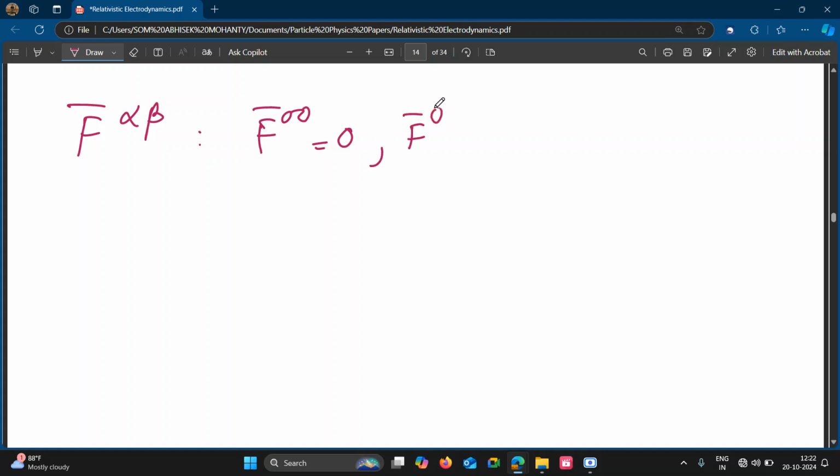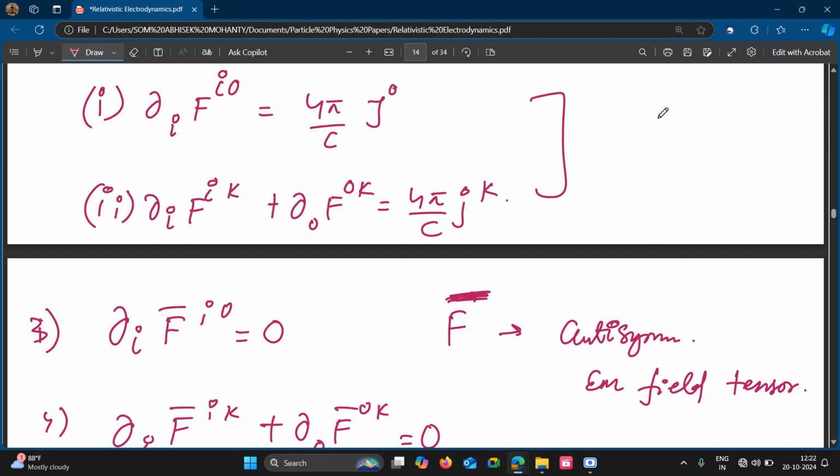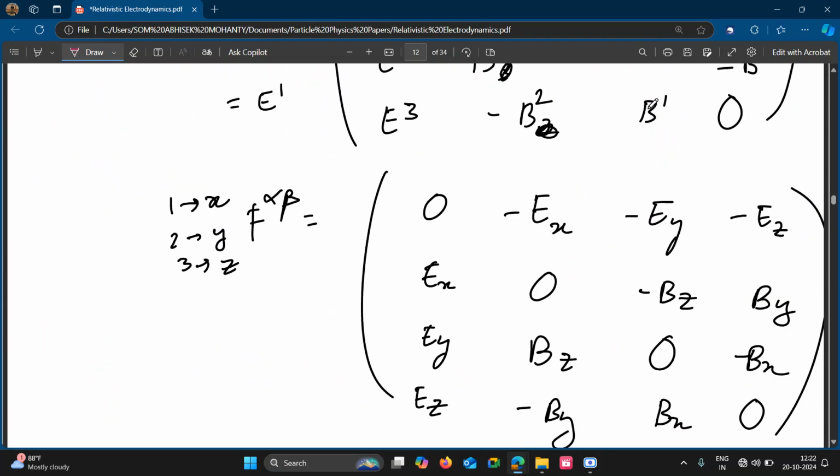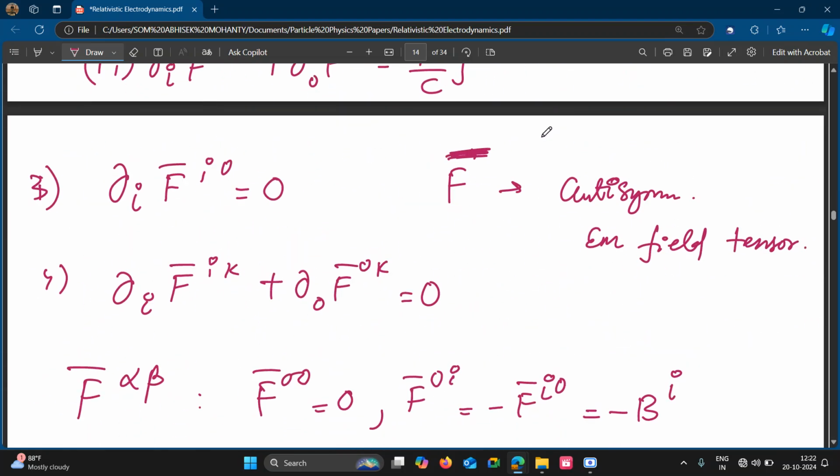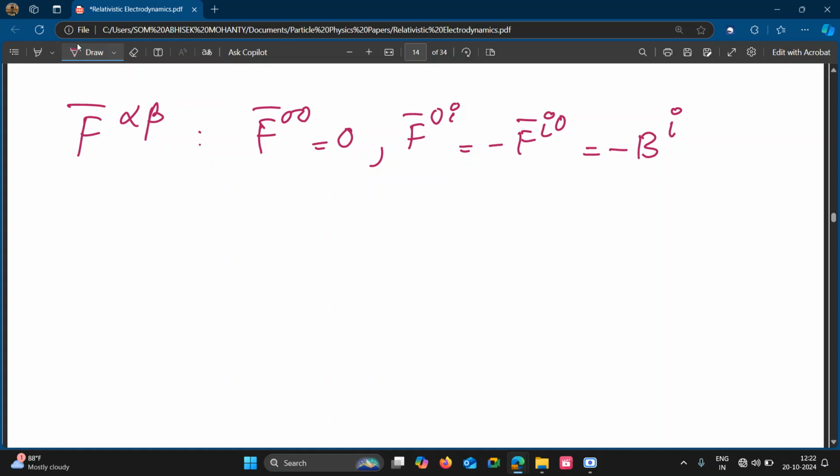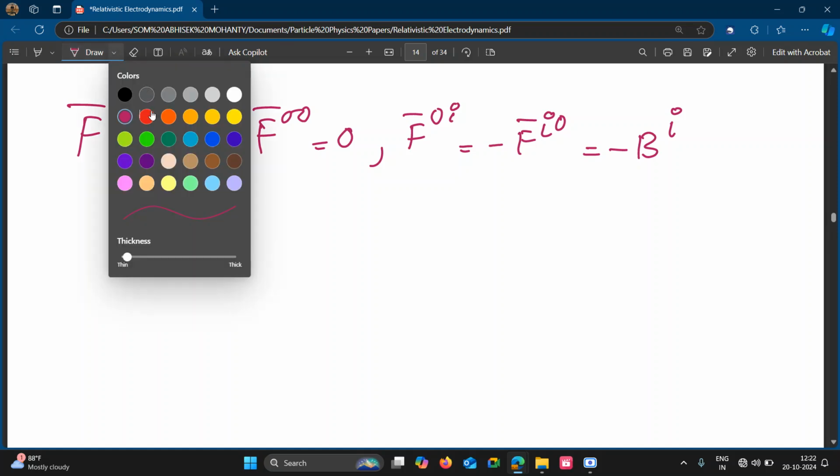F bar 0i will be equal to minus F bar i0, which is equal to minus Bi. Here it was an electric field term, but in the antisymmetric part it will be a magnetic field term.